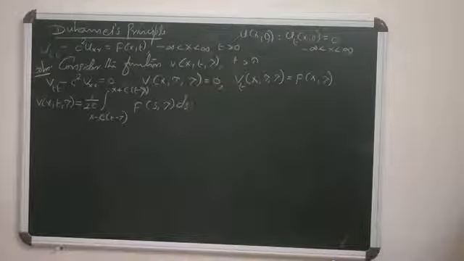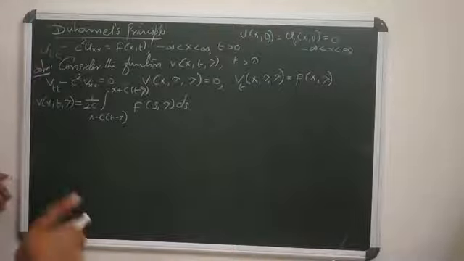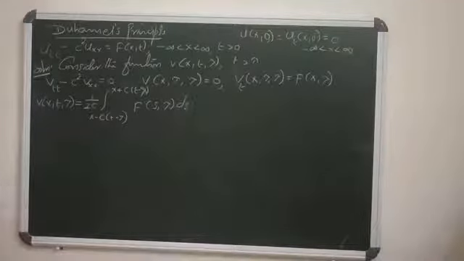This is like the D'Alembert solution of vibration along an infinite rod, that is, u(x,t) equals half of f of x minus ct plus f of x plus ct, plus 1 by 2c into the integral from x minus ct to x plus ct of g of s ds. We already saw that. So here Duhamel's principle says that the solution of this non-homogeneous wave equation is built from v(x,t,lambda), which is 1 by 2c into the integral from x minus c(t minus lambda) to x plus c(t minus lambda) of f of s, lambda ds. This is our A.